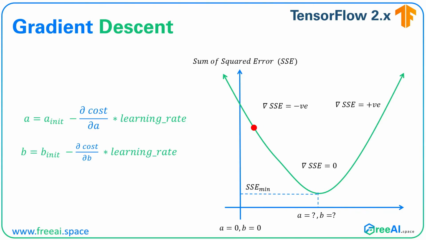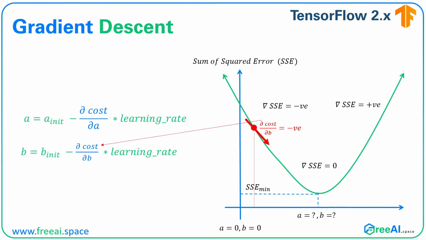Let's say I have one point here, and at this point I want to compute the slope of the line. With respect to b, I need to find the cost function. If I compute that, obviously the derivative I get in this case is a negative value, which indicates that the value is decreasing.